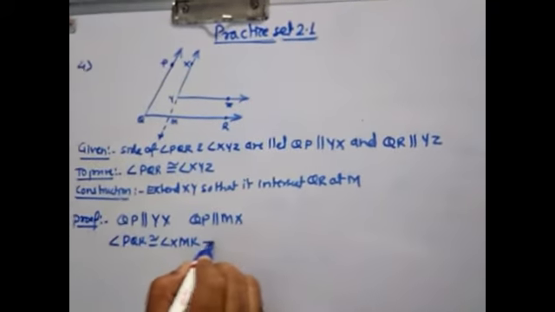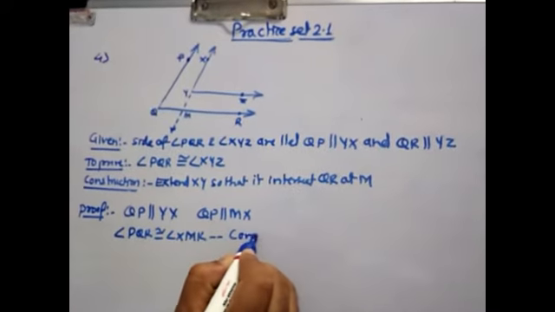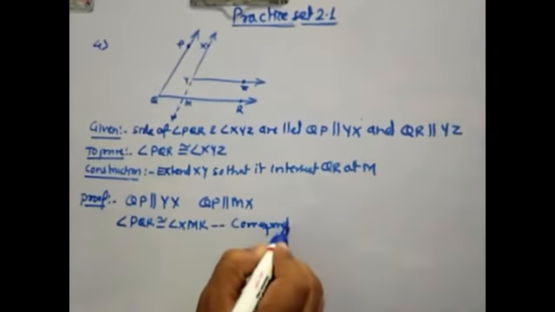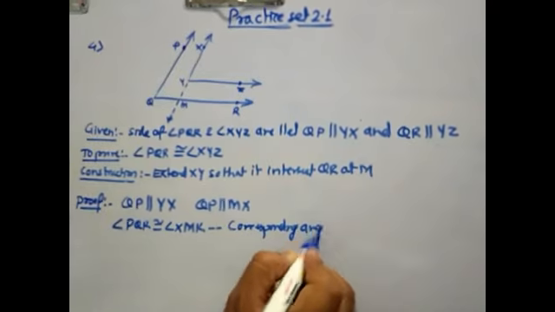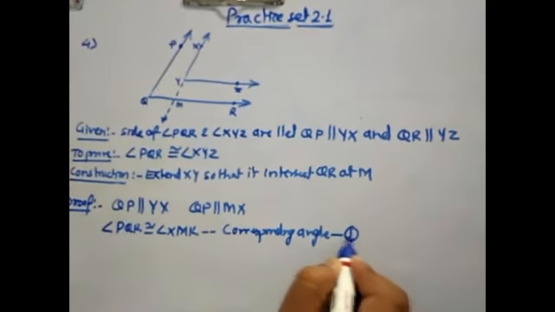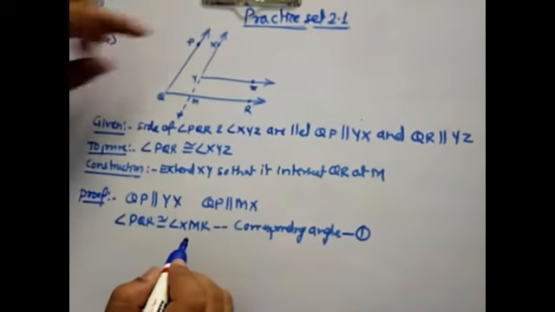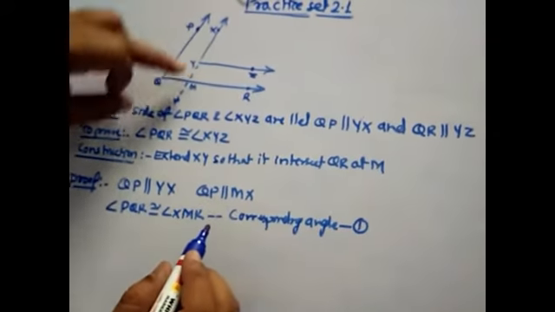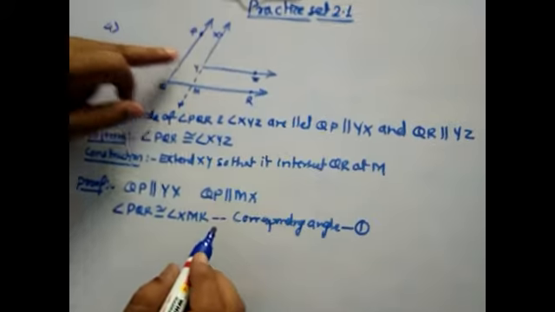So these are corresponding angles. So write down here equation number 1. See here these PQR and XMR, these are two corresponding angles.